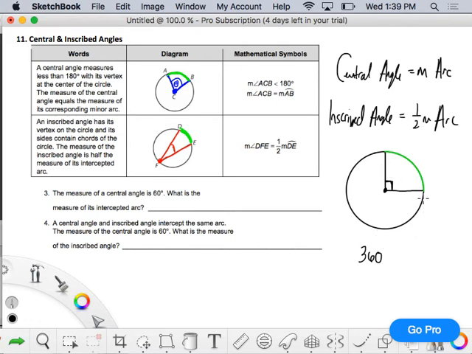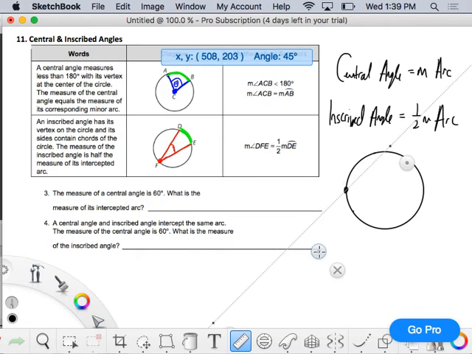Let's show it for an inscribed angle, because we did it with a central angle. Let's say we make an inscribed angle, and for this inscribed angle, we also make it be 90 degrees.